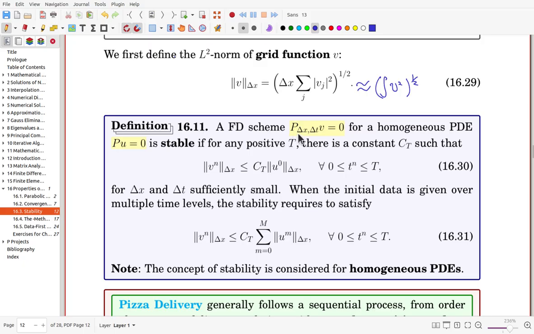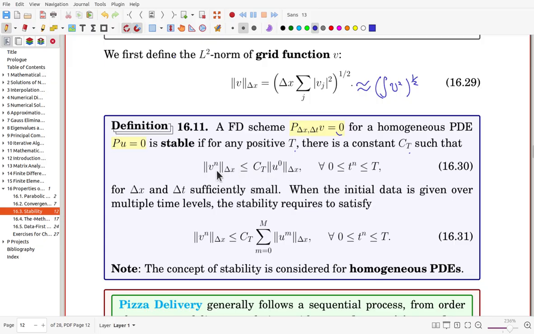For a finite difference scheme equal to 0 for homogeneous partial differential equations, the scheme is stable if for any positive T, there is a constant C sub T, depending on capital T, such that at each time level V^n, the L2 norm is bounded by the initial energy norm multiplied by C sub T. That means that once the initial energy is small, then later energy must be bounded by this quantity.